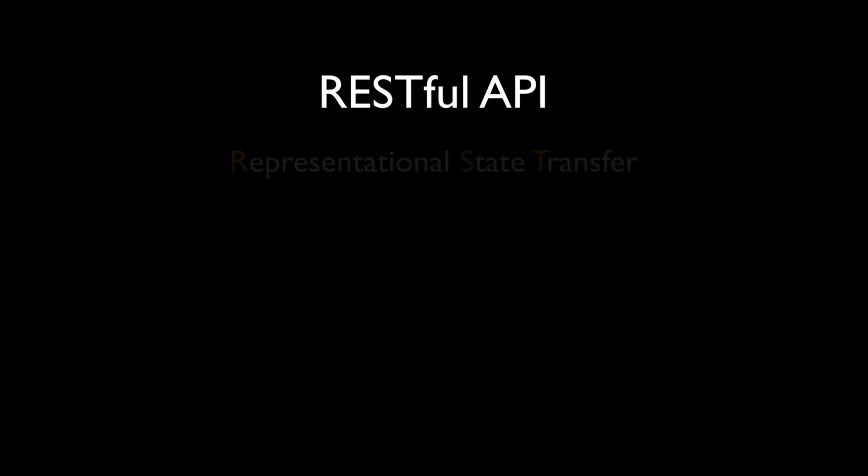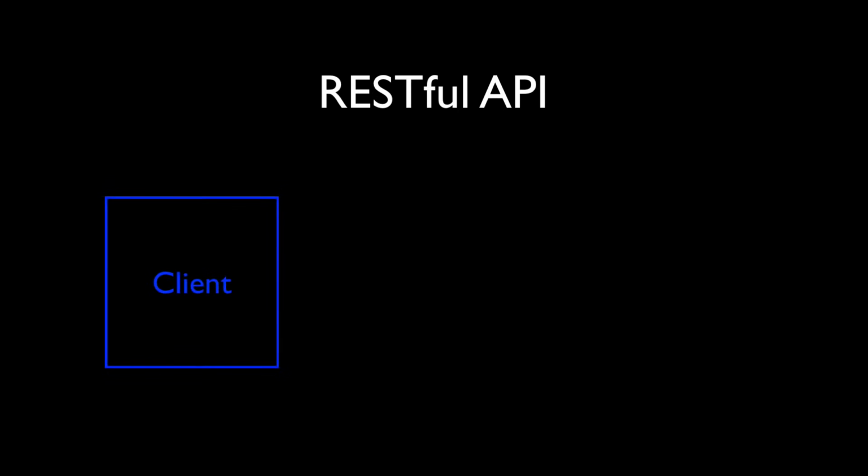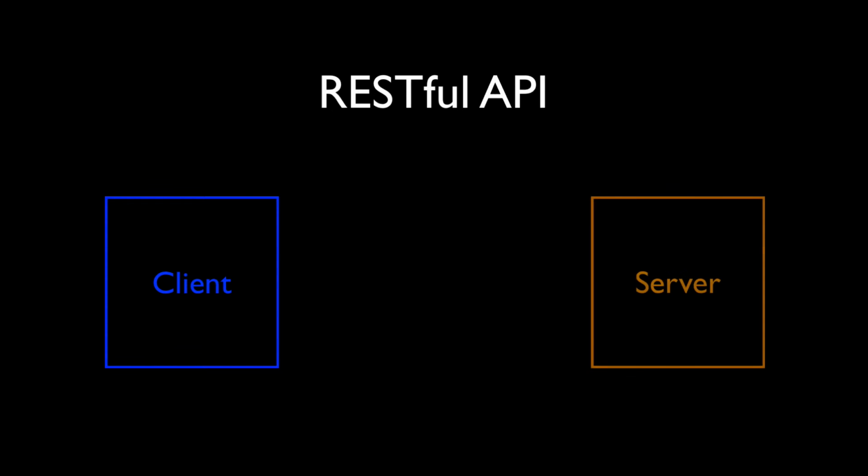That sounds too abstract, right? The main purpose why we want to use it is as an alternative to a traditional web page, when this traditional web page doesn't fit our needs. So what is a RESTful API? Let's say that we have a client, which is our browser, for example. We are the client and we have some server, obviously like a web page.